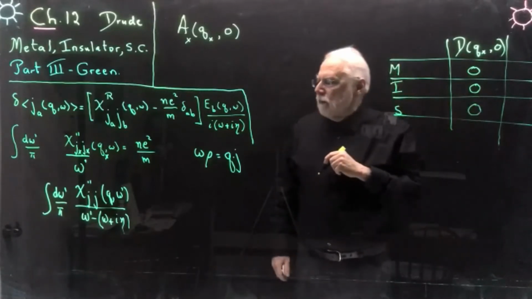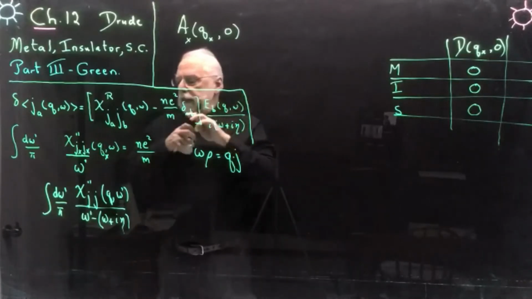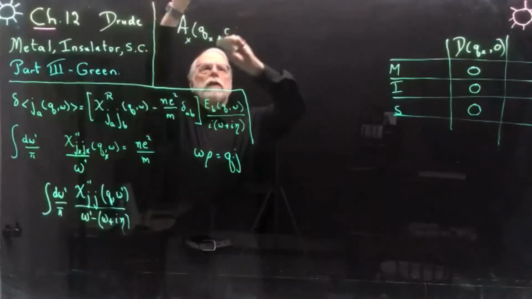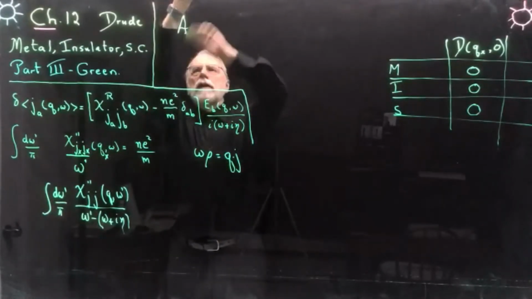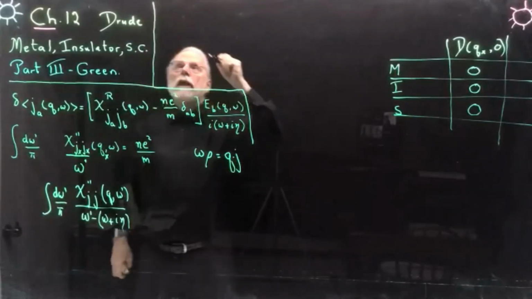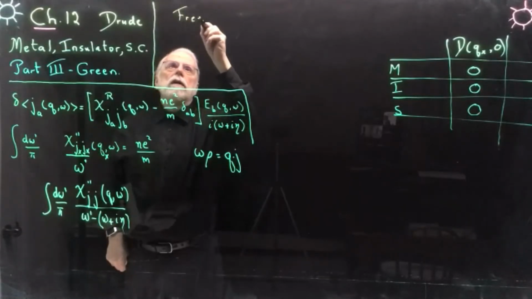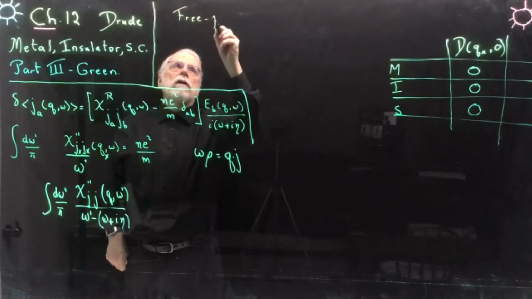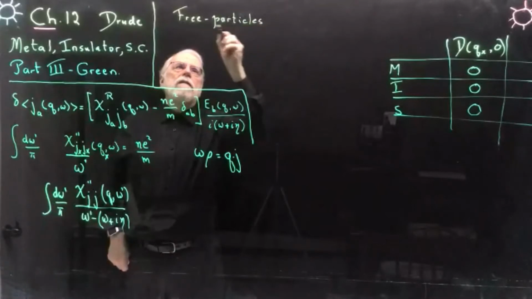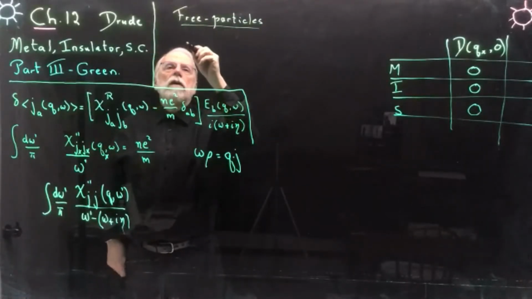Okay. Now let's look at what is a metal. As I said, at 0 temperature, there should be a sharp distinction between metal and insulator. So let's take just the free particles. Free particles should behave like a metal.